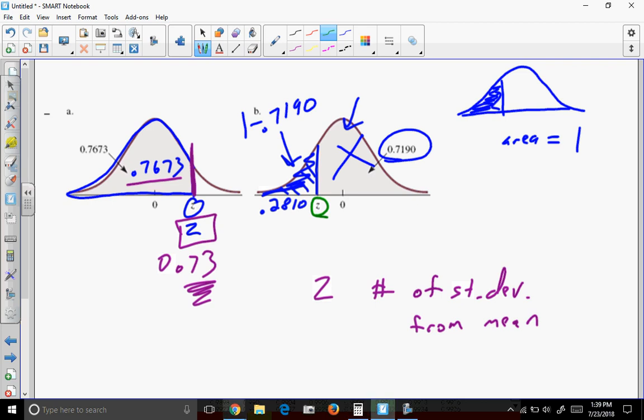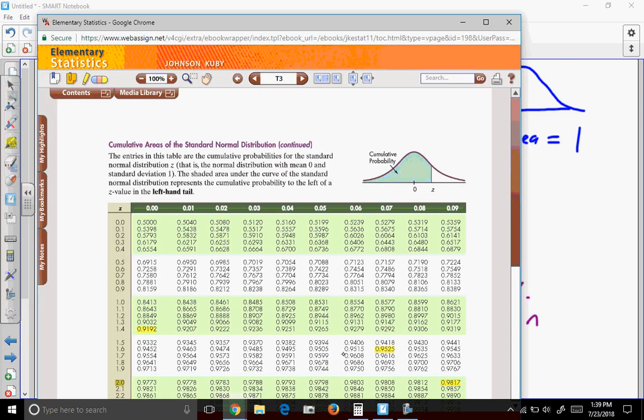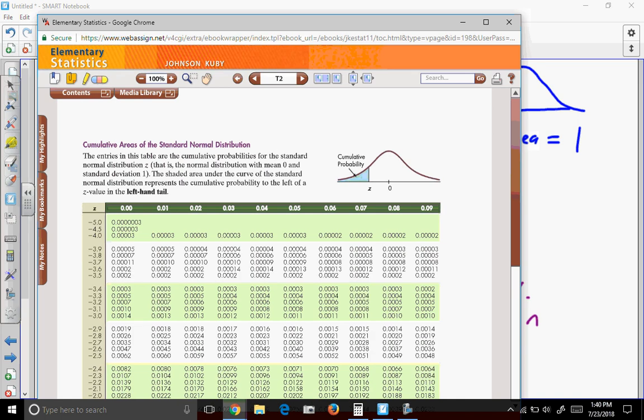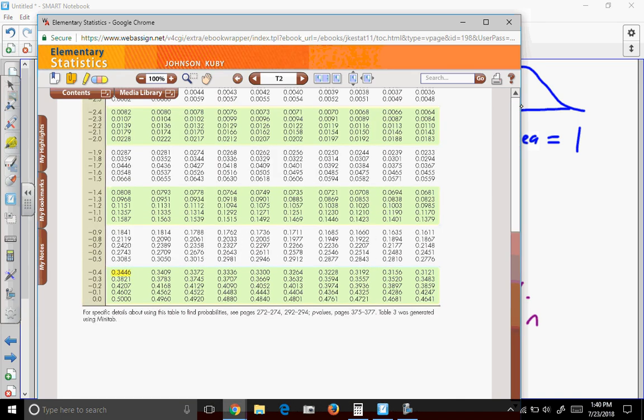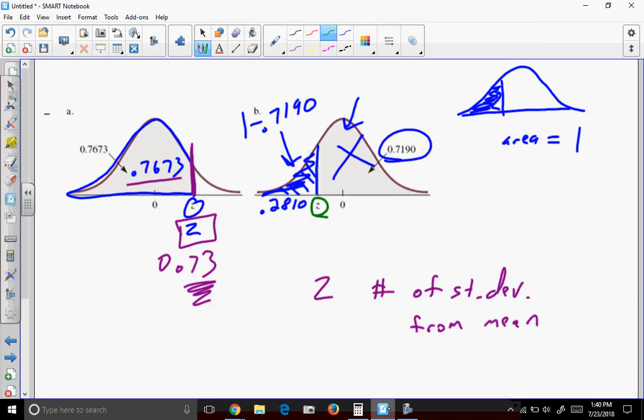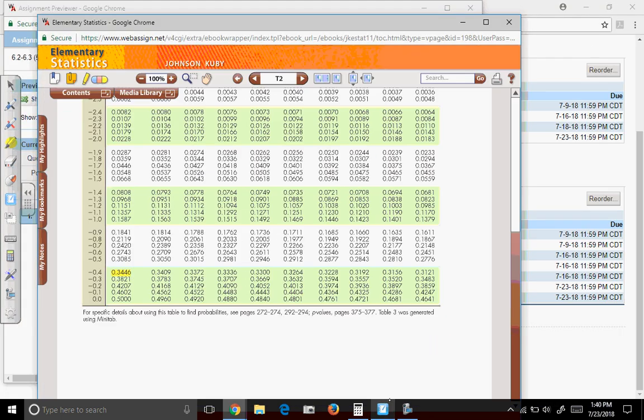So if we go to our table, all of these values are larger than what we're looking for. So if we go on this side, we were looking for 0.281.